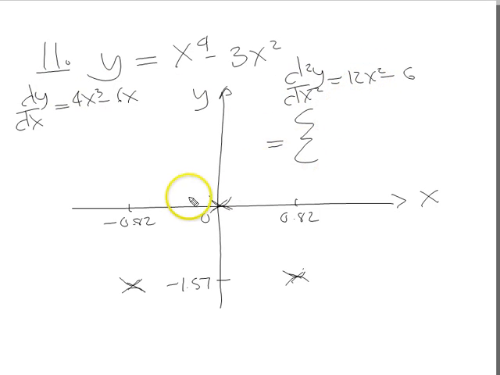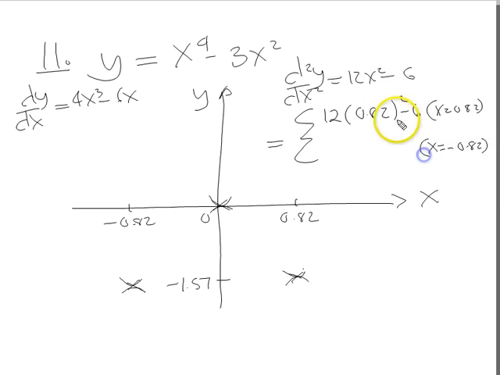Now if I put 0.82 in here, it'll be 12 times 0.82 squared minus 6. And that occurs when x equals 0.82, wasn't it? And it'll be the same value when x is minus 0.82, won't it? Because if you square it, it's that squared. So you'll get the same number.